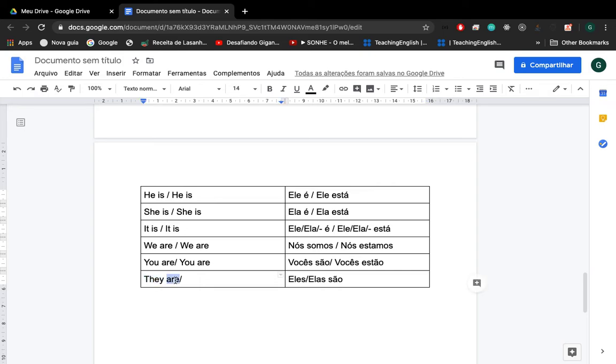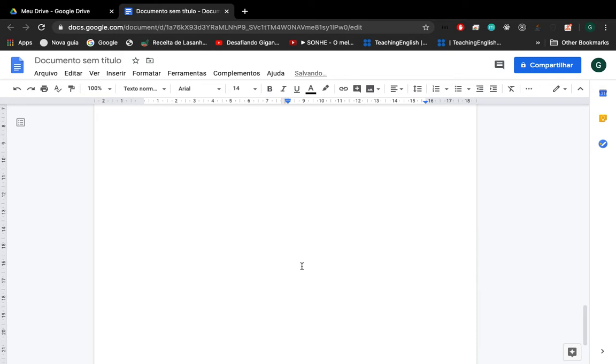They are not temporary condition. Eles or elas são. Eles or elas depending on the gender again. They are as a temporary condition. Eles or elas estão. Okay, guys?